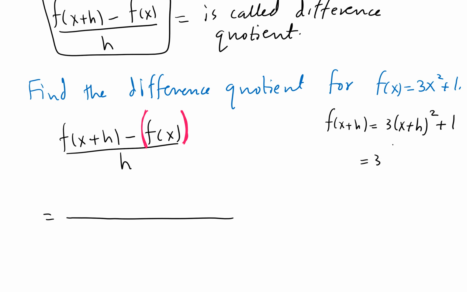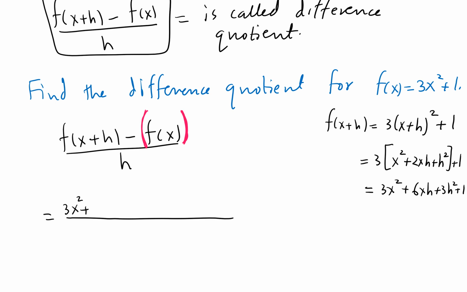Equals 3 times x squared plus 2xh plus h squared. Where did I get that from? I'll show you in a minute. Multiply by 3. So that goes for f of x plus h.